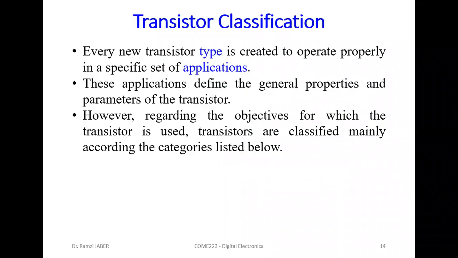Perfect. Now, what is the classification of the transistor? Every new transistor type is created to operate properly in a specific set of applications. These applications define the general properties and parameters of the transistor. So if I want an antenna application, we go to some models of transistor that give us high linear mode, and noise margin will be low.